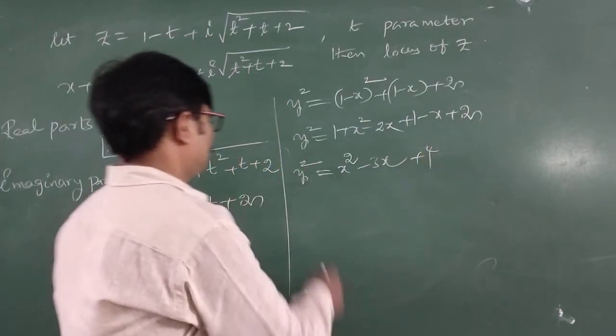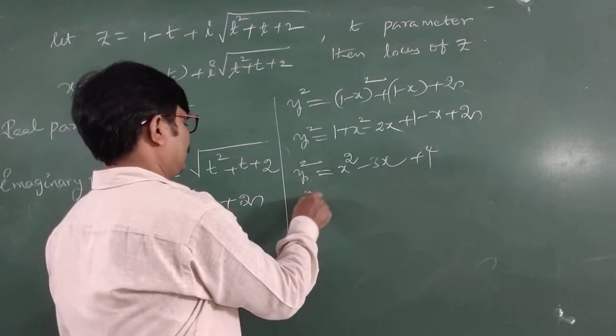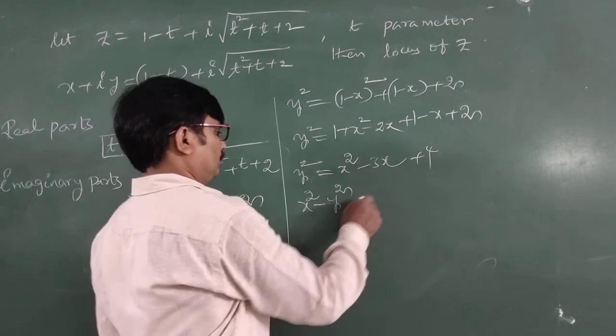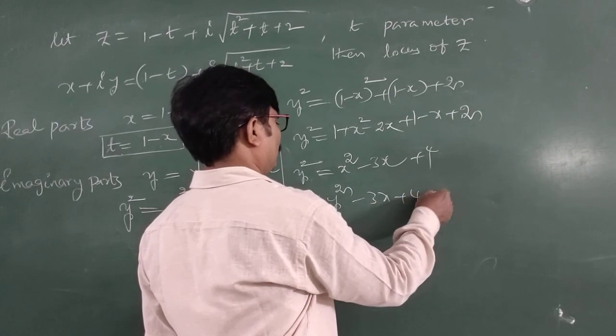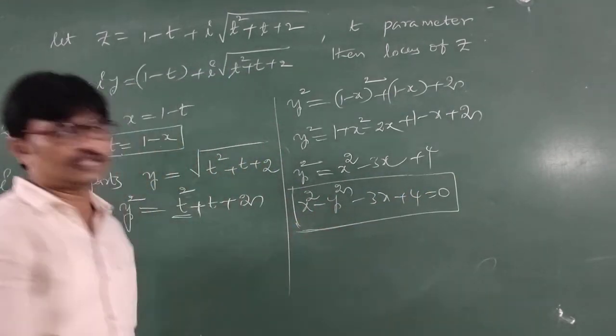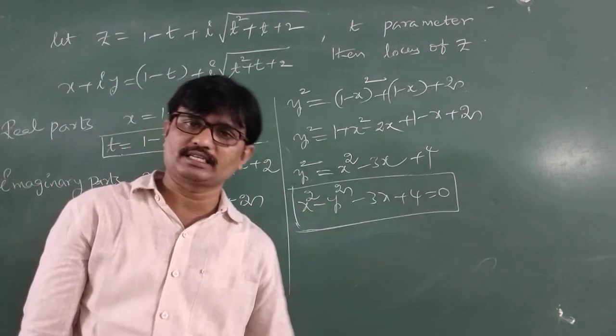So this is x square - y square - 3x + 4 = 0, the equation of the locus of z.